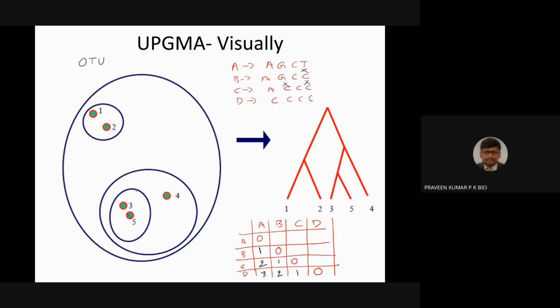But according to one of the steps in UPGMA, you have to group OTUs. So here 3 and 5 are grouped as a single OTU, and this you group with 4, so these 3 sequences become a single OTU. Already you have grouped 1 and 2 as a single OTU, and now you combine them into an overall OTU.